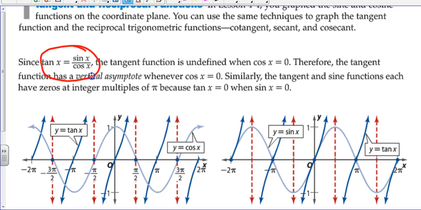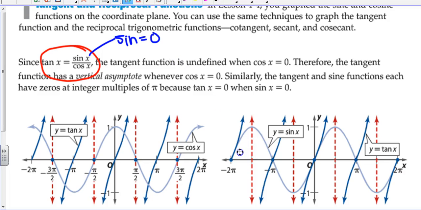What would make a fraction be a 0? 1 over 1 is not 0. 0 over 0 is not 0. 0 divided by some kind of a number, yes? Okay. So where the sine is equal to 0, the tangent graph is also equal to 0.